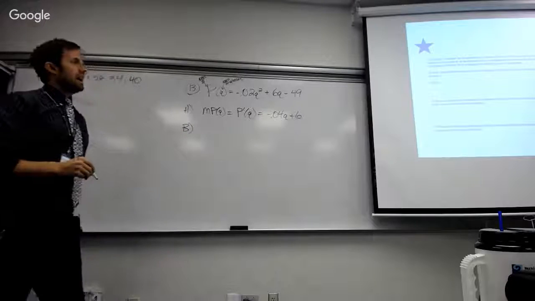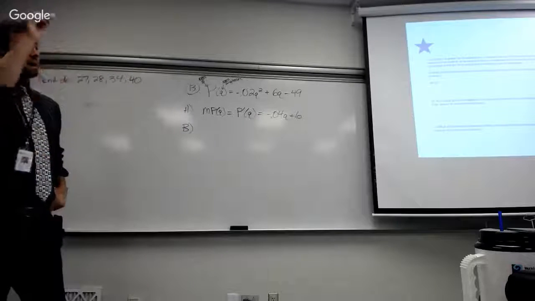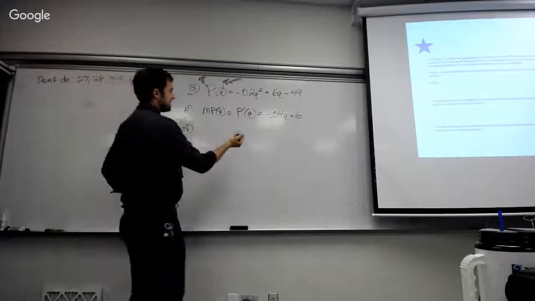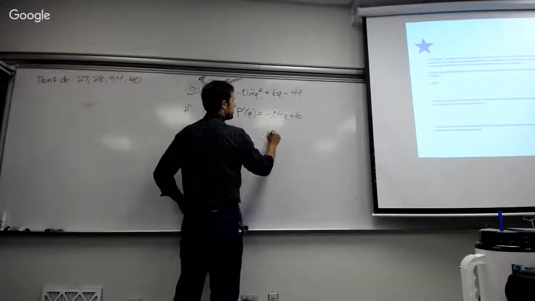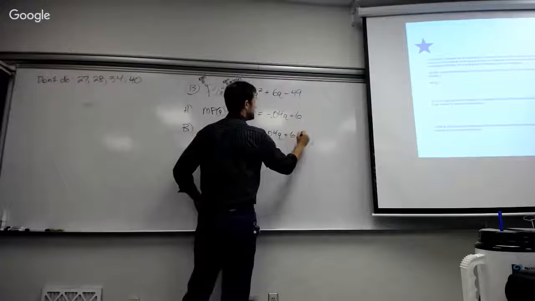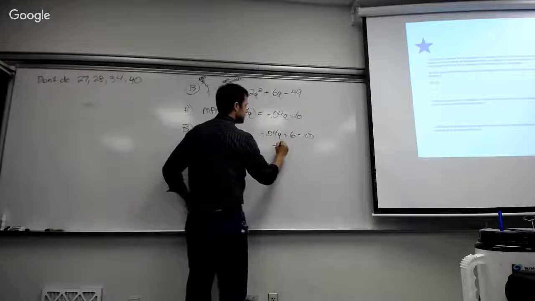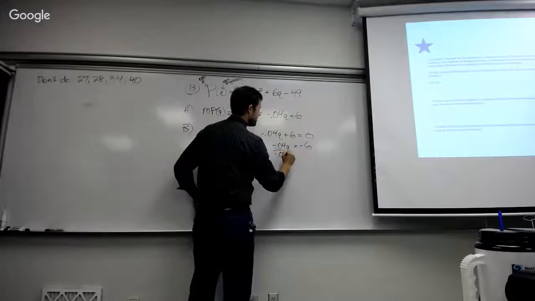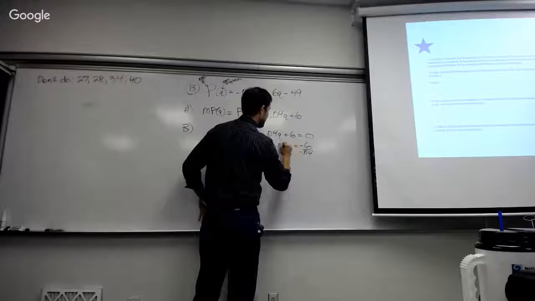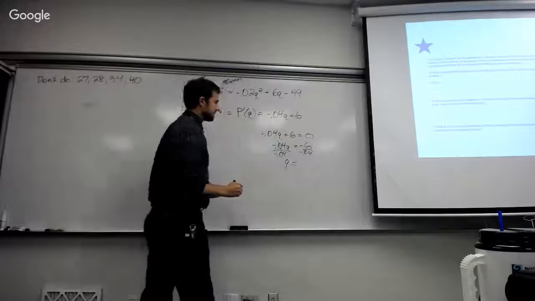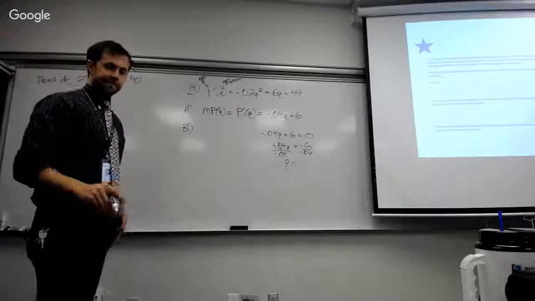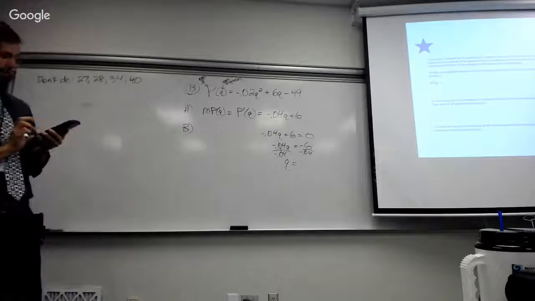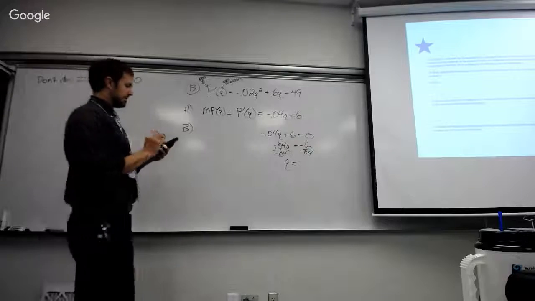Okay, part B. How many pairs of sunglasses should be sold to maximize profits? Okay, so now we do set this equal to 0. We would set negative 0.04 Q plus 6 equal to 0, which gives us negative 0.04 Q equals negative 6, dividing off the negative 0.04, which gives us that Q is equal to 6 divided by 0.04, 150.